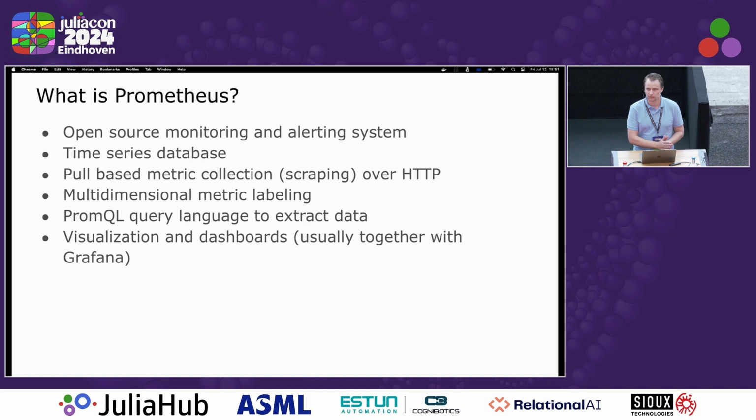The core of it is a time series database. It's pull-based metric collection, or scraping, over HTTP, and you can do some metric labeling. It has a query language, PromQL, and it has some limited visualization and dashboards. Usually you combine Prometheus with something like Grafana to get pretty dashboards.